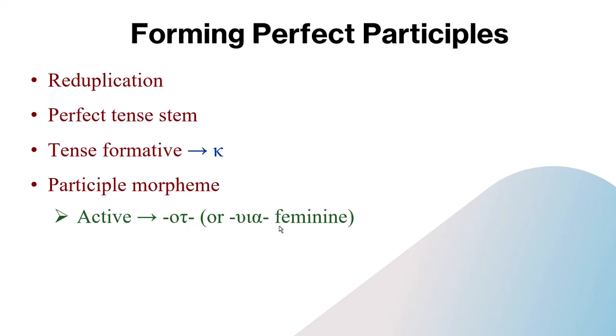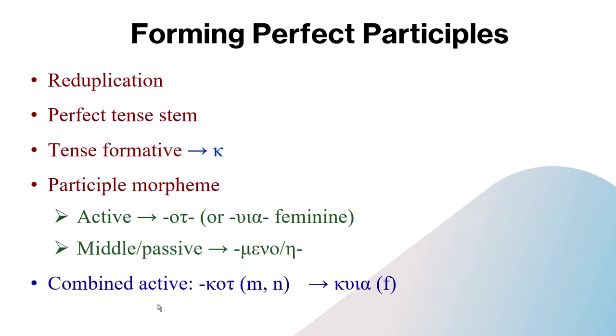For the feminine, that morphs over to ουια, upsilon iota alpha. For the middle passive, we see our very familiar μενα and μενη. The combined tense formative and the participle morpheme is κοτ for masculine and neuter, and it's κυια for feminine. And then we have a case ending.